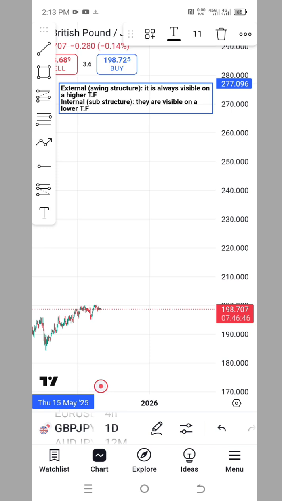So this external structure, first of all, let me give an illustration. For example, there is a building. Let us put a five-story building, or a tall building. You need to get to the top of the building.